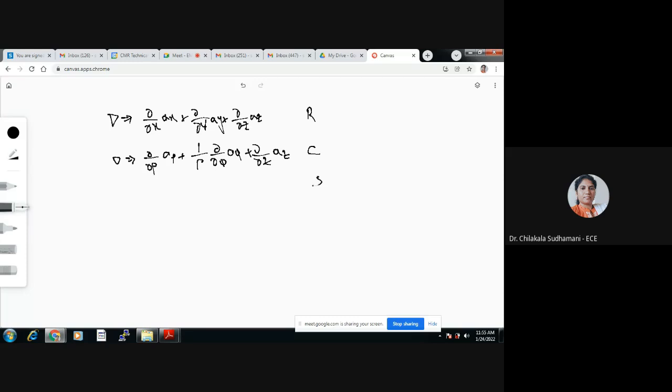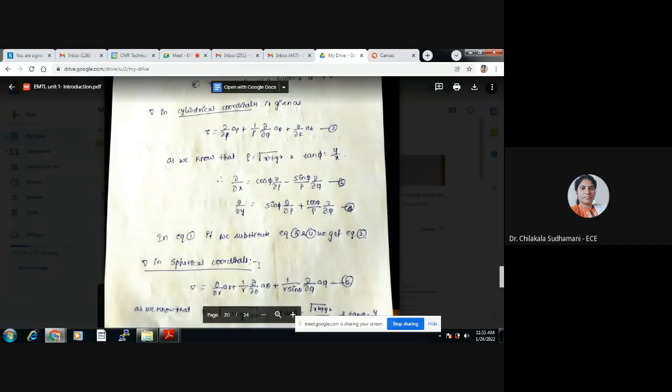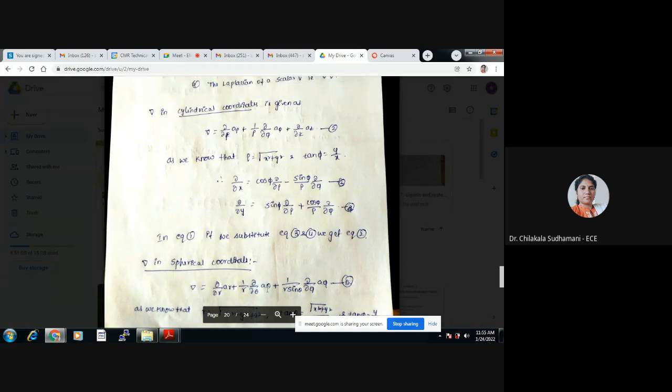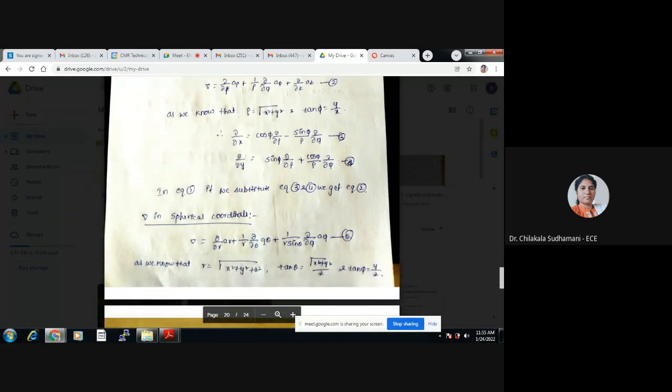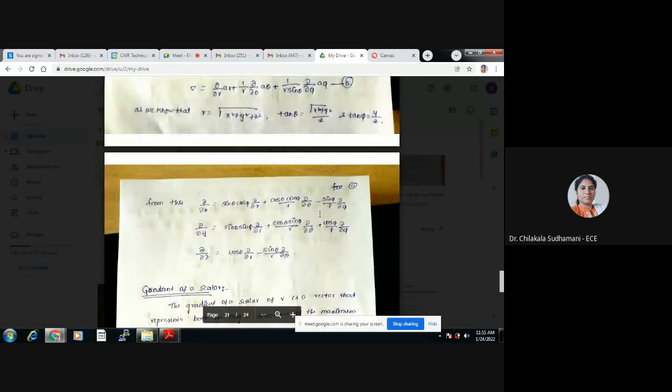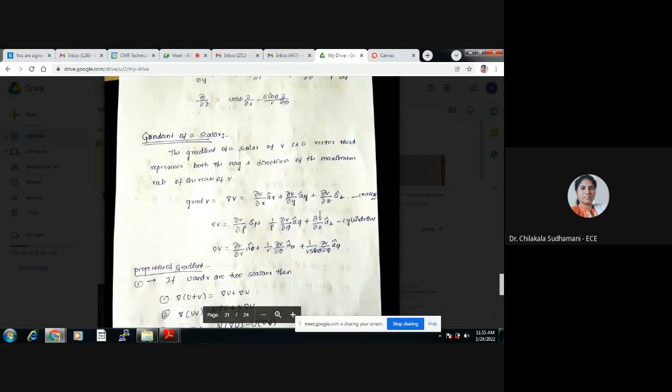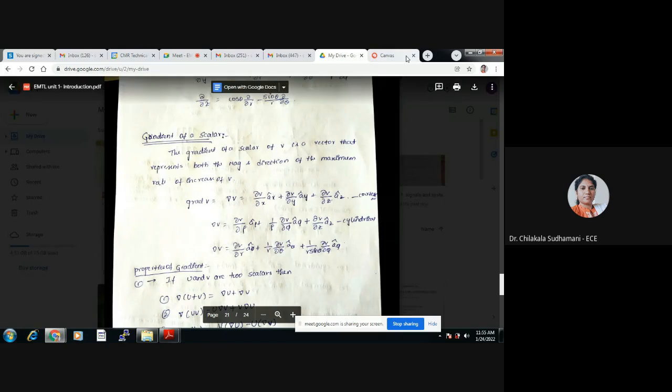Similarly, for spherical coordinate systems r, theta, phi: dou by dou r of ar plus 1 by r times dou by dou theta of a theta plus 1 by r sin theta times dou by dou phi of a phi. This is the del operator in spherical coordinate system. Now we calculate the same function for one vector.